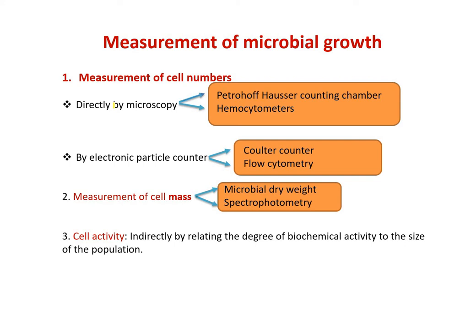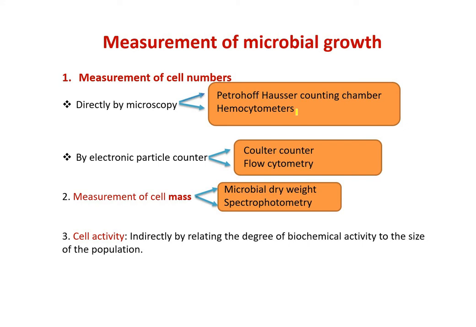They are special slides which have a certain depth, some grooves, of known size, and the sample is placed on these counting chambers. The Petroff-Hausser chamber is basically used for prokaryotes, whereas hemocytometers are used for prokaryotes as well as eukaryotes. These slides can be seen in detail only under the microscope.